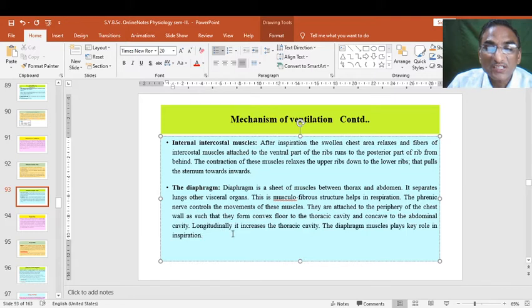So longitudinally, it increases the thoracic cavity. The diaphragm muscles play a very important, key role in inspiration. So muscles, diaphragm and ribs along with the sternum play an important role in ventilation, but in spite of that, nervous control by the phrenic nerve is also there, which also facilitates the activity of muscles, and the whole activity is facilitated.